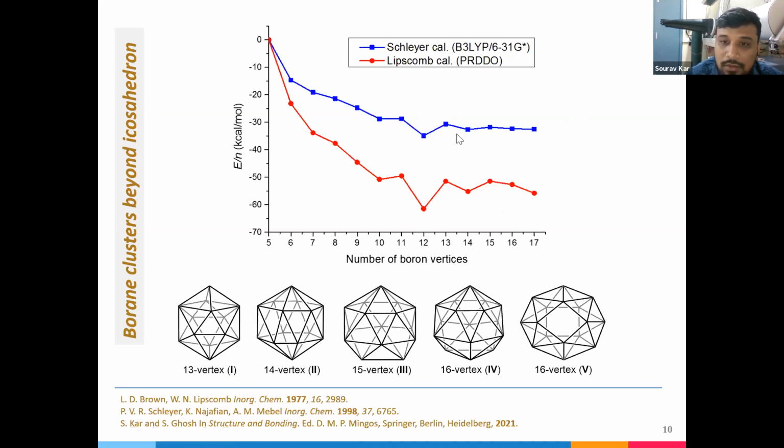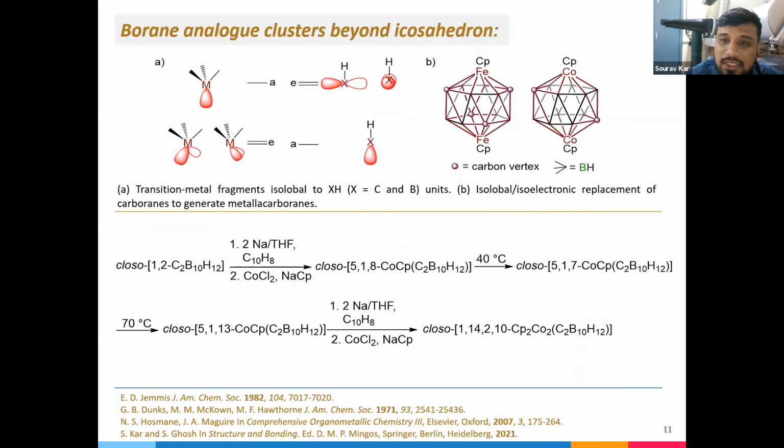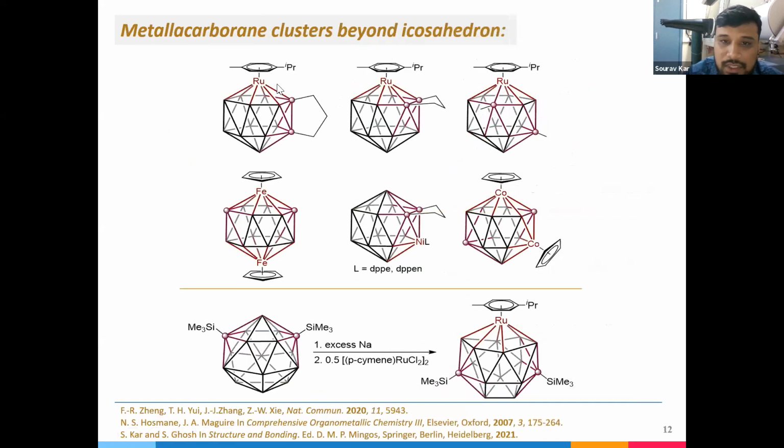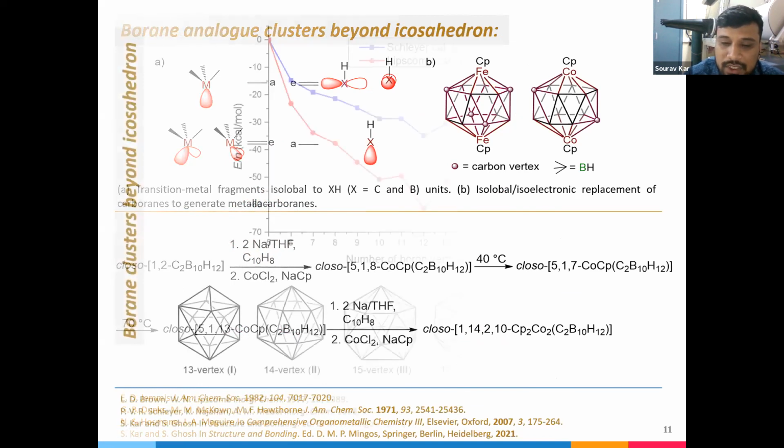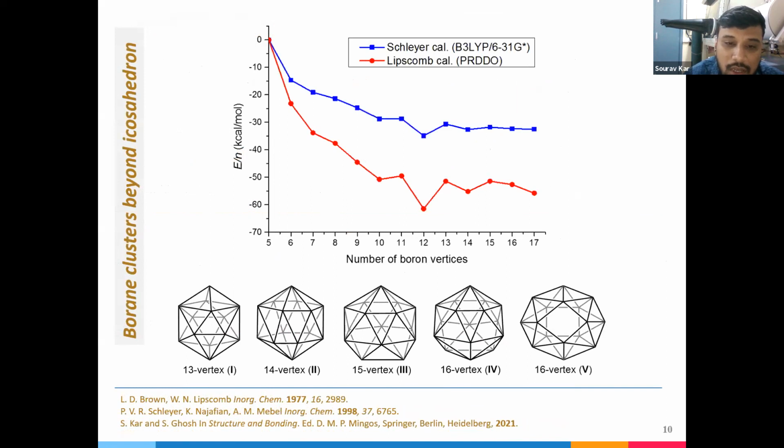Due to the presence of this sink, higher vertex boron clusters have not been isolated till date. To solve this problem, James came up with a nice idea, where he showed, utilizing the isolobal analogy, that a BH vertex can be substituted by a metal fragment. If you go back, you can see that all these higher nuclearity clusters have higher degree vertices.